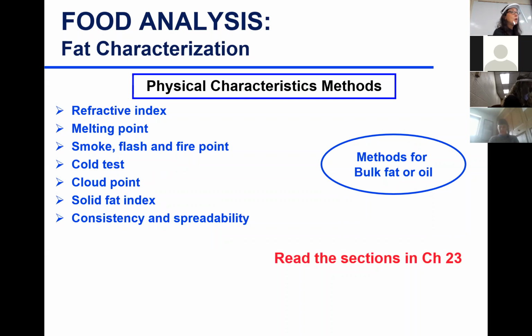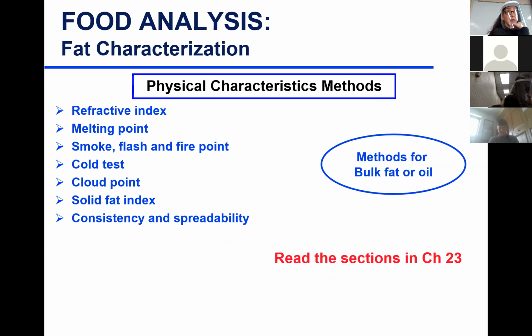They use them, for example, for identification purposes and for determining adulteration. Refractive index is related to the degree of saturation of the oil, so it gives you an indication of how saturated or unsaturated the oil is. And as I said, there is a standard refractive index for every type of oil.